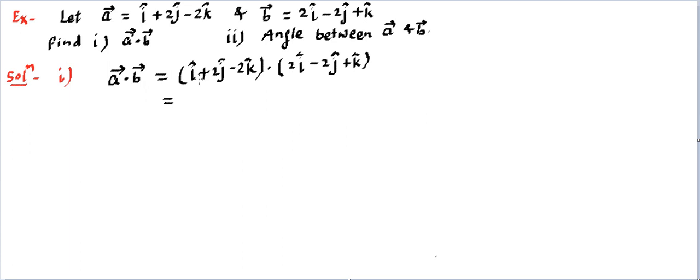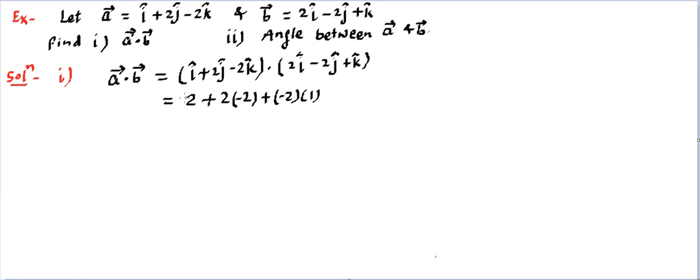The i coefficient with the i coefficient. This is 1, so 1 into 2, that's going to be 2. I'm writing directly. It's a1 b1, which is 2. Plus a2, which is 2, into b2, which is minus 2. So 2 times minus 2 will be minus 4. And plus a3, which is minus 2, times b3, which is 1.